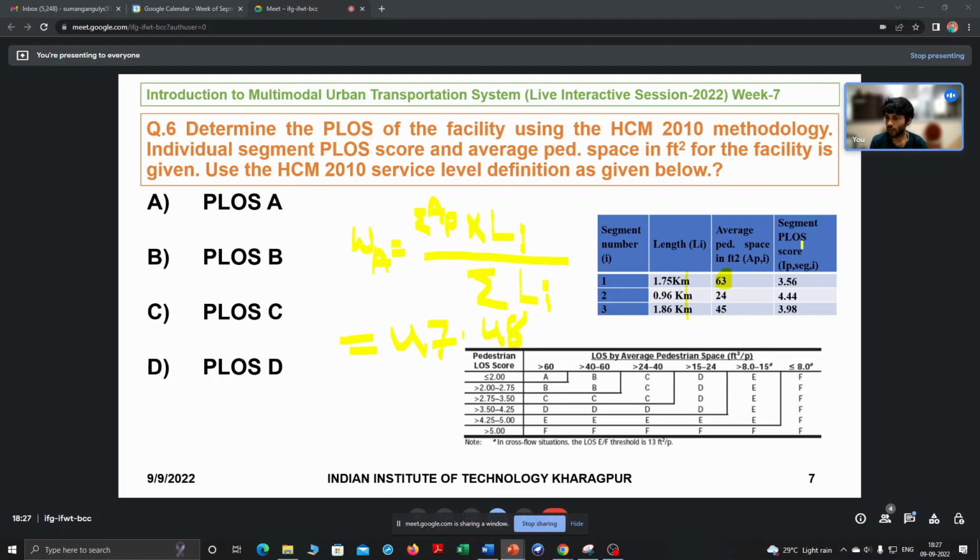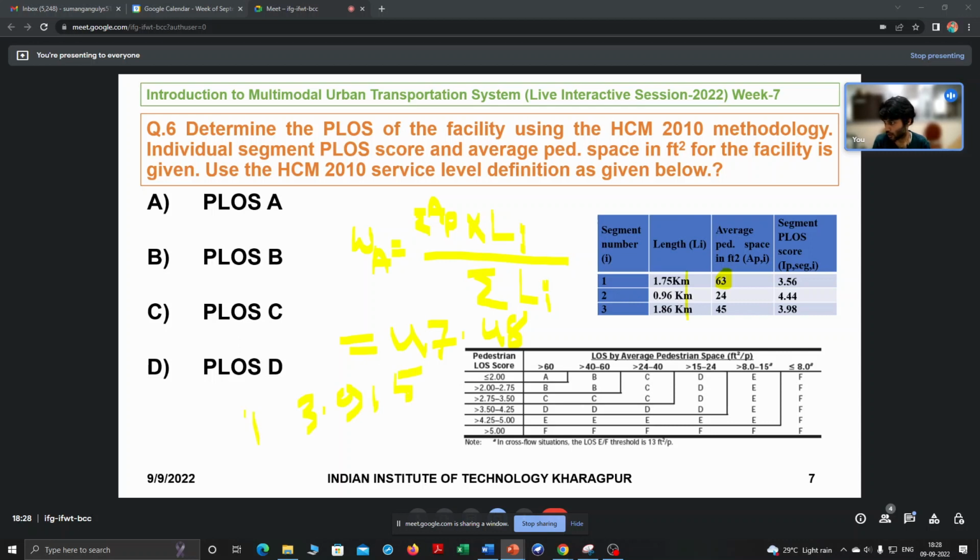And then what will be your segment PLOS score? So if I calculate once again, it will come out to be 3.56 into 1.75 plus 4.44 into 0.96 plus 3.98 into 1.86, then divided by 1.75 plus 0.96 plus 1.86, right? So it will be 3.915.